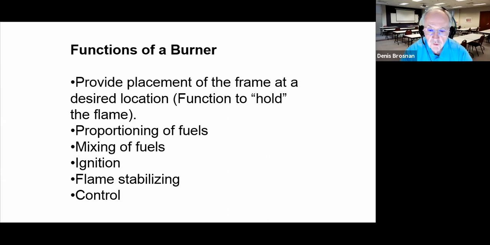A burner proportions the fuels. A burner mixes the fuels and provides a source of ignition. A burner provides flame stability and provides a means for control of the combustion situation.